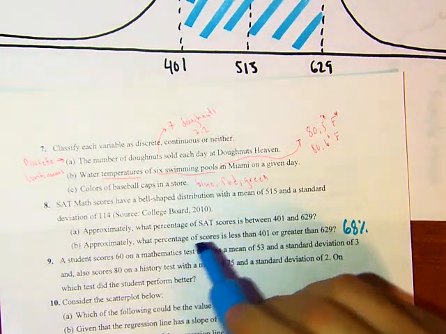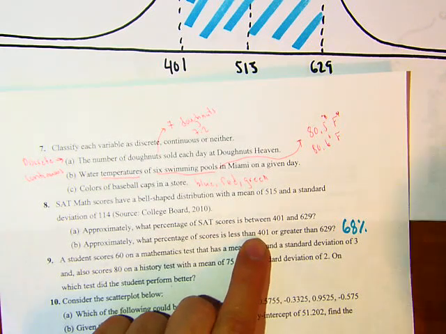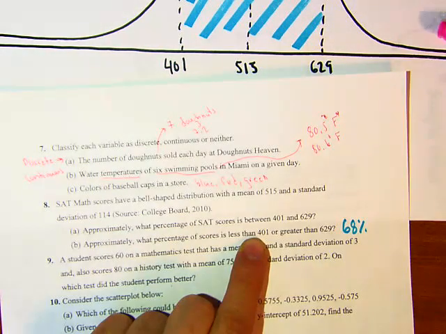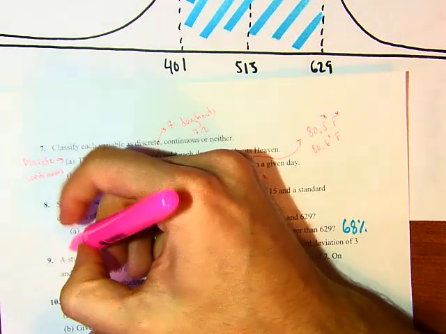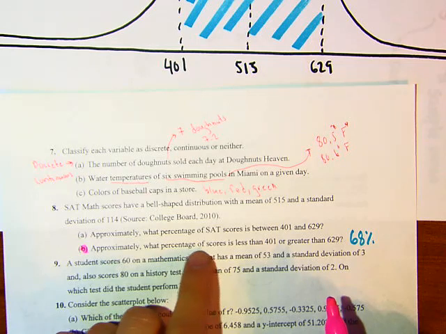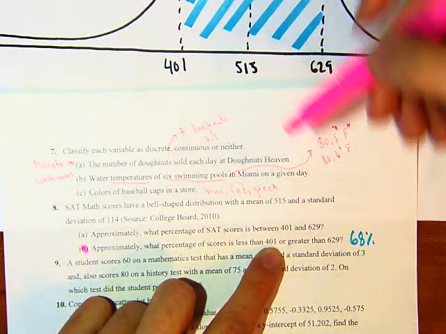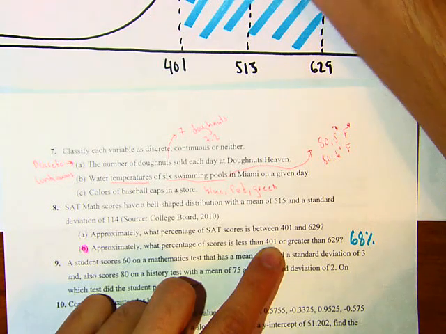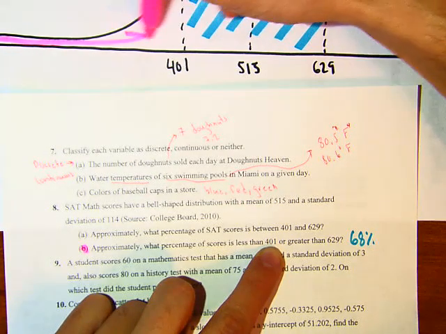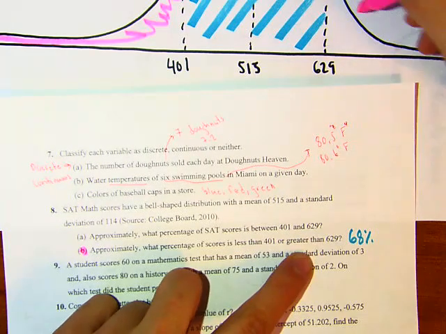Let's look at the next one. Here it says approximately what percentage of scores is less than 401. So we'll use the pink for this one. What's less than 401 is everything here, or greater than 629.